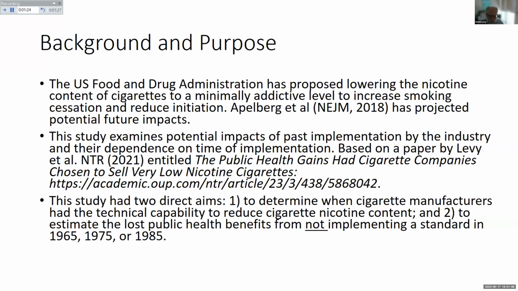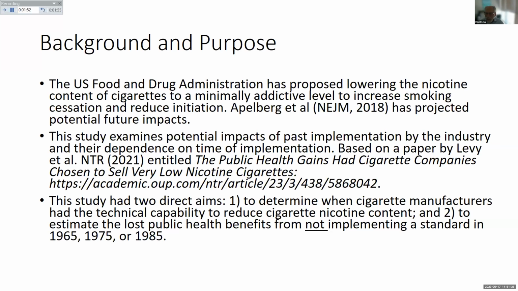Models all have different structures and sometimes different outcomes, but to the extent that models show similar impacts, it provides stronger and stronger evidence. So hopefully this modeling is something that's useful to the FDA.